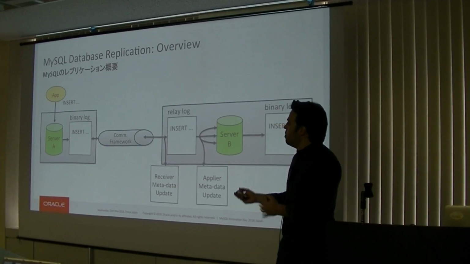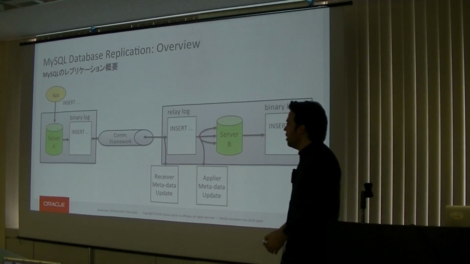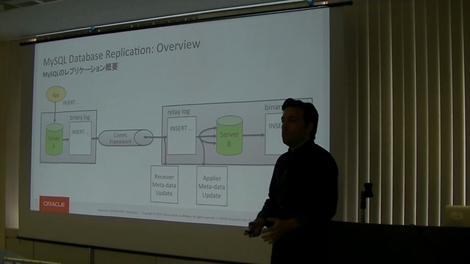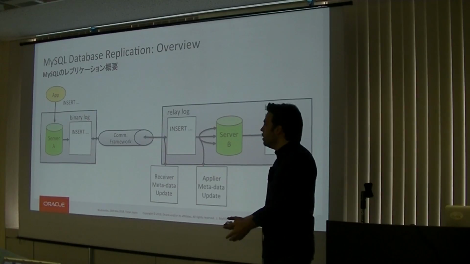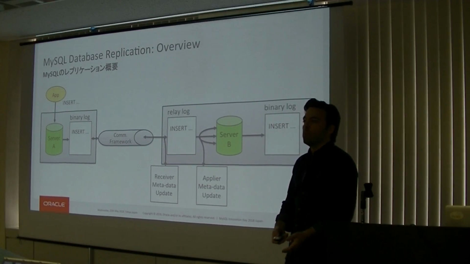And in particular, in MySQL replication, the architecture of MySQL replication, from the bird's eye view, it's also very simple. We have one server, we have a log that is shipped around, we call it the bin log.